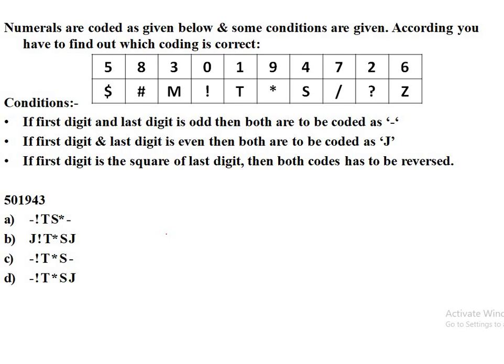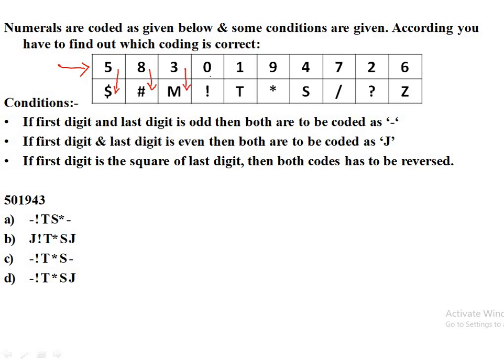First I'll read out what is on the screen. Numerals are coded as given below and some conditions are given. According to them, you have to find out which coding is correct. All the numbers in this row relate to the provided symbols.